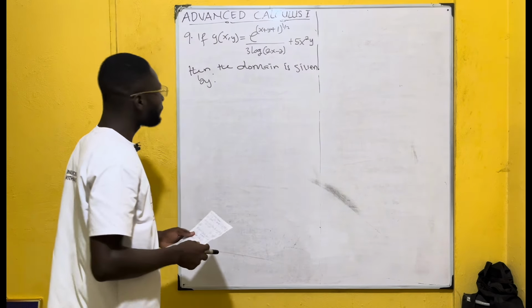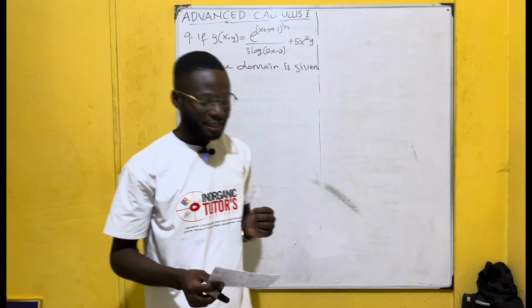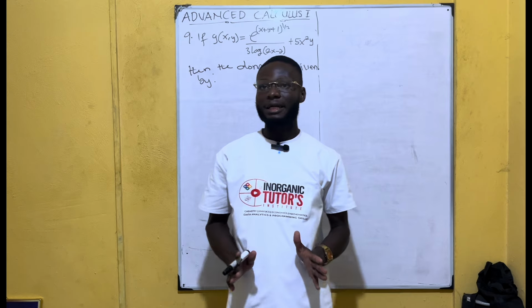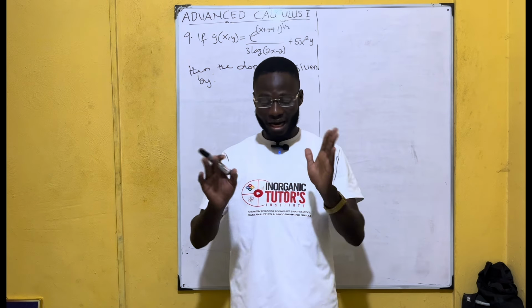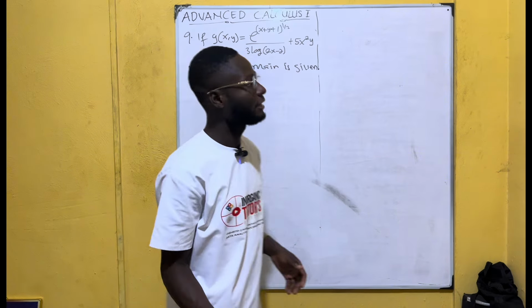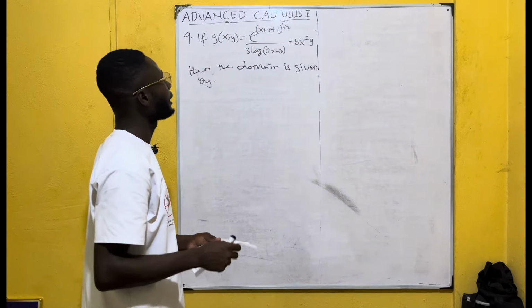So first of all, what I want you to know is that if you have an exponential term, then basically an exponential term is defined for all real numbers, right? It's defined for all real numbers, that is x and y.